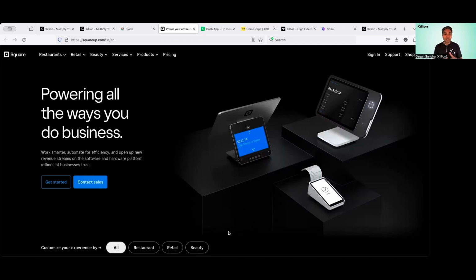I was like, wow, this is so new. Until that time, all credit card payments went through these bulky credit card reading machines that always had like 5 wires hanging from them, and they were so old school.